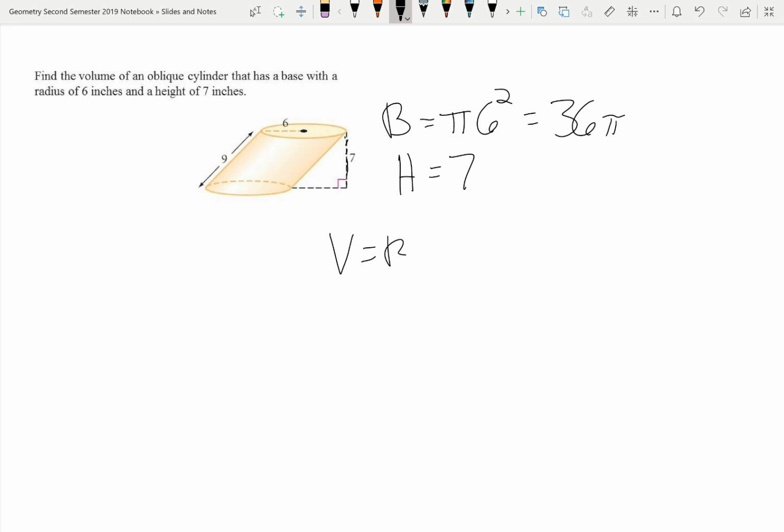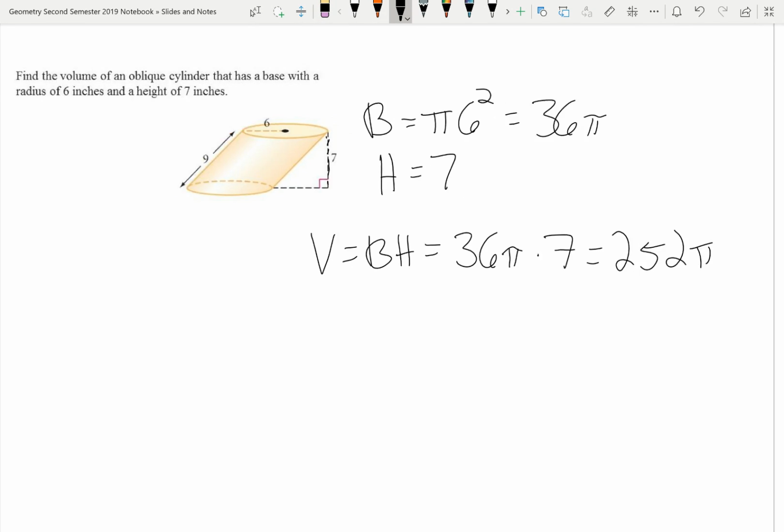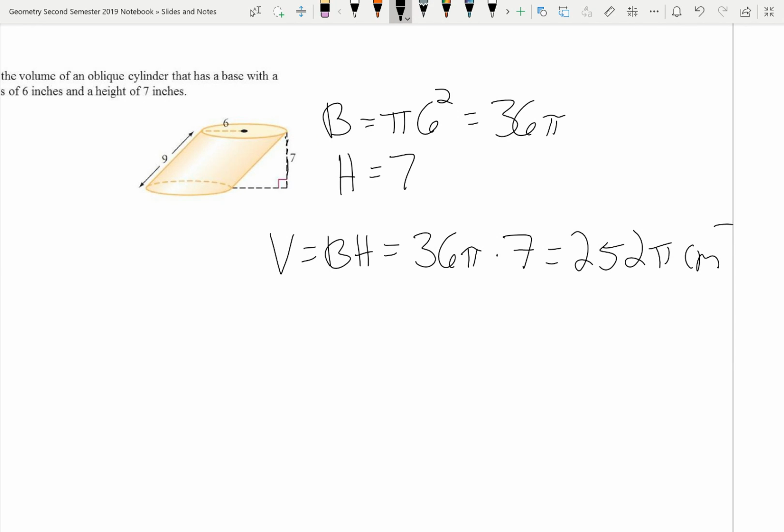So the volume, which is the area of the base times the height, is 36 pi times 7, and that's going to be 252 pi cubic inches. And that would be the answer if it said to leave it in terms of pi.